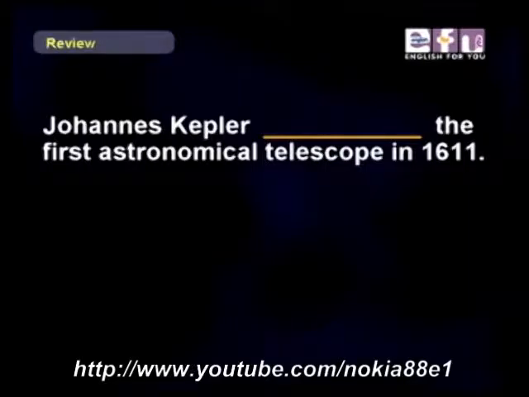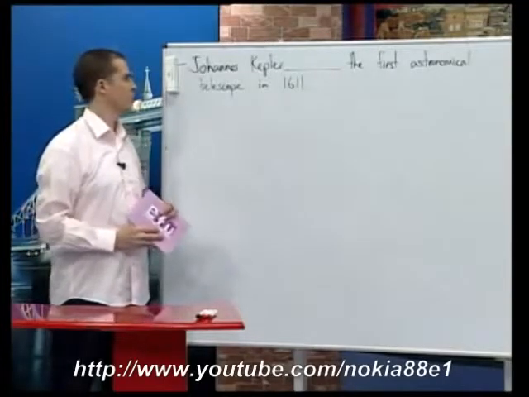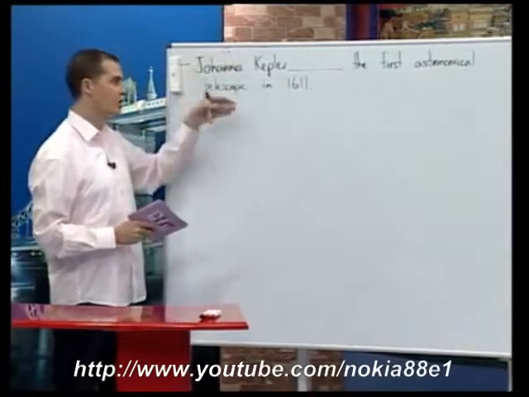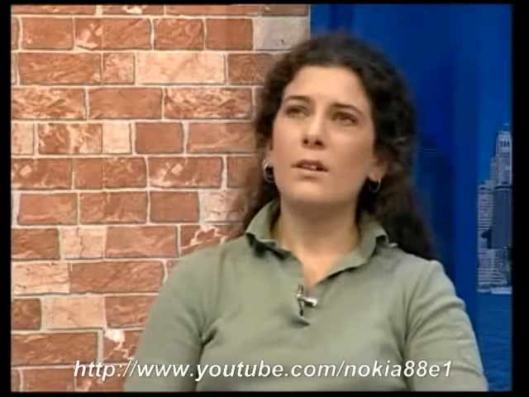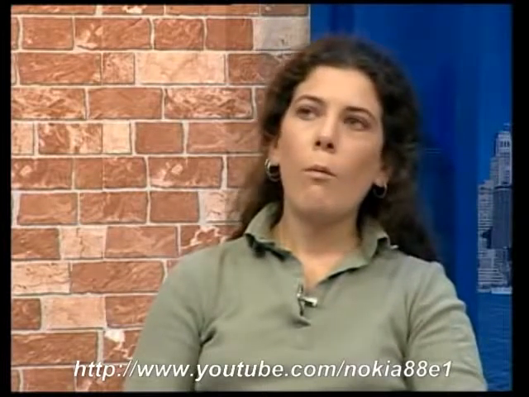Johannes Kepler, something, the first astronomical telescope in 1611, a long time ago now. Now you have to change it to the passive. The first astronomical telescope was invented by Johannes Kepler in 1611.